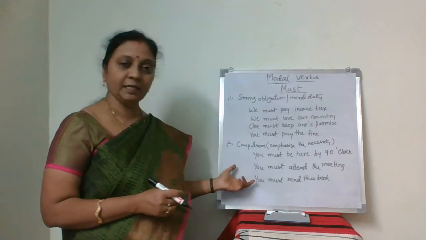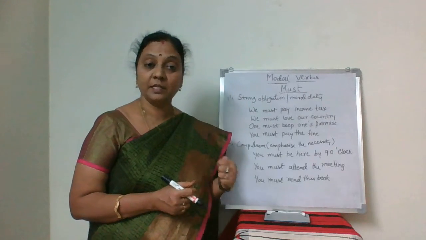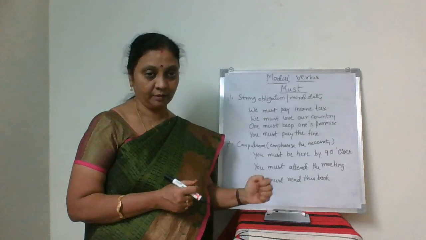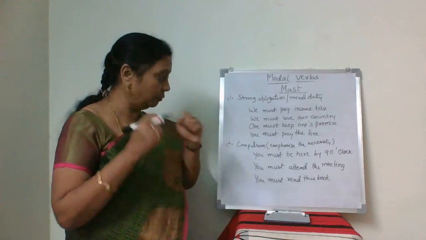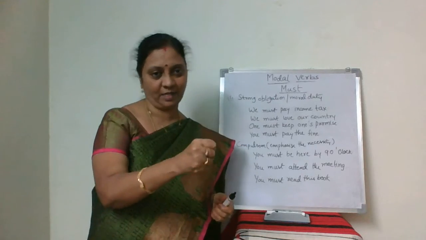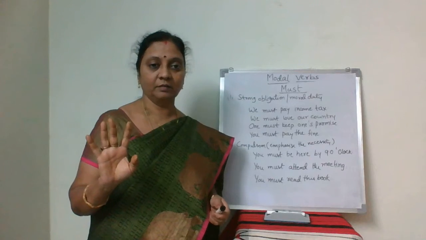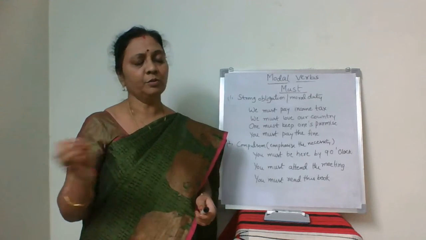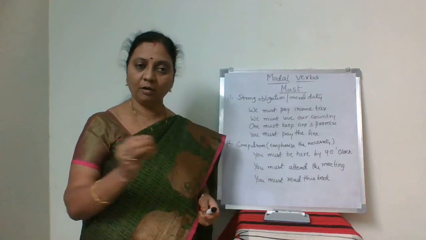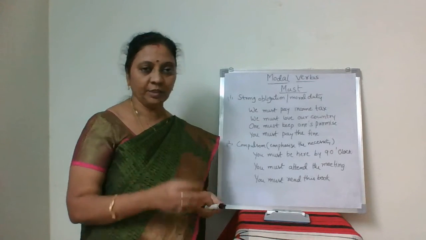And also secondly, compulsion, that is emphasizing that something is to be done, emphasizing the necessity. Compulsion: you must be here by 9 o'clock. You should go to school at 9 o'clock, commonly rules we frame and give to the students.